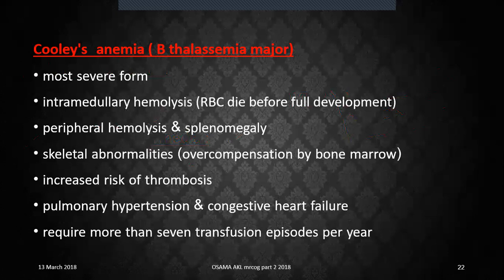The patient has all symptoms of anemia, and due to the destruction of these RBCs, there is increased risk of thrombosis, bone deformity because of medullary hematopoiesis, pulmonary hypertension, congestive heart failure, and blood transfusion is needed. This is a clinical picture of beta-thalassemia major, in which the 2 genes are absent.